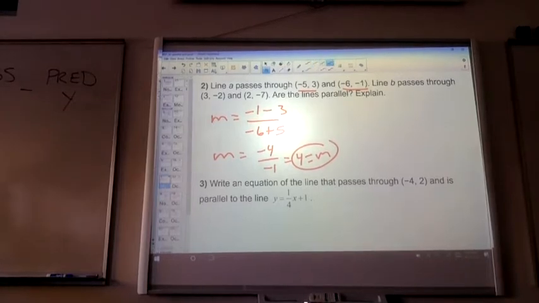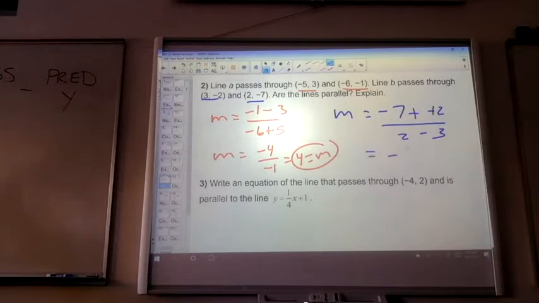And let's do this one in blue. 2 minus 3, so that's going to be -5 over -1, which is equal to 5. Are those parallel or not? No. Why are they not parallel? The slope is not the same.